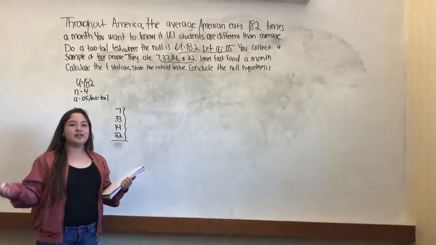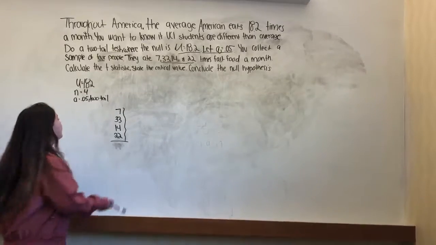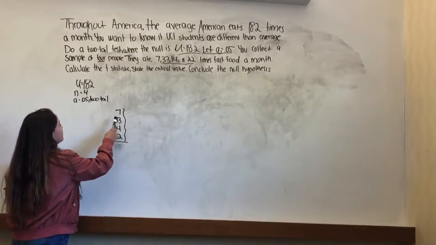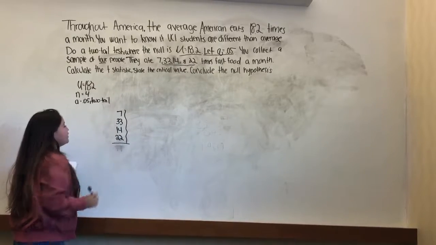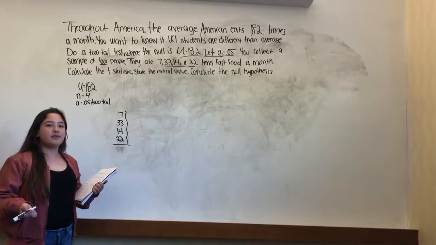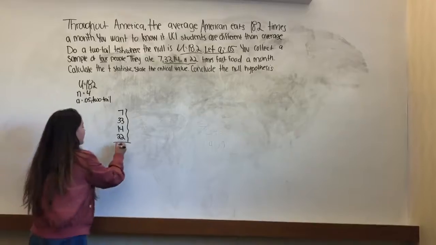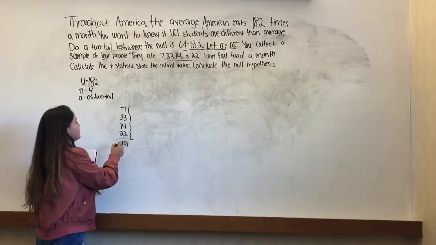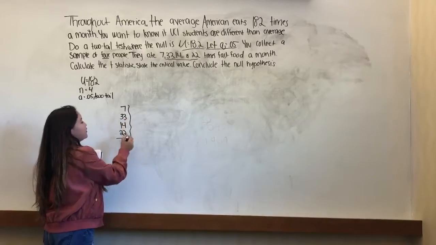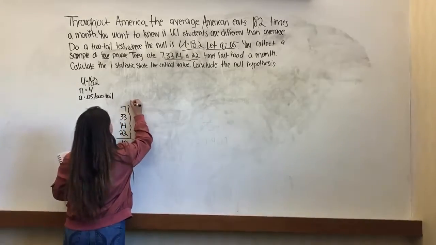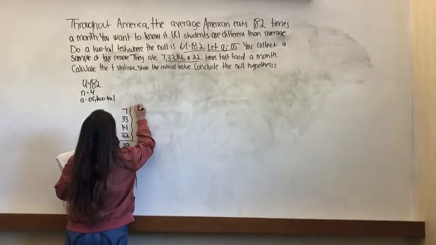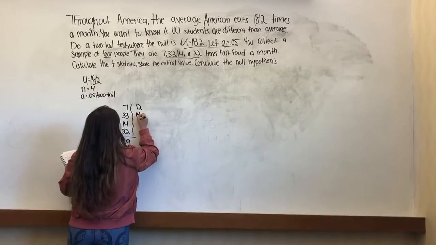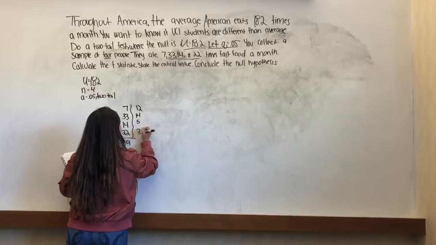So we're going to find the sum of squares, and in order to do that, we have to create a table. So I wrote down the sample numbers 7, 33, 14, and 22. And we first need to find the mean of the numbers. So we get 19. After we obtain 19, we have to subtract the mean from each of the individual samples. So the numbers would be 12, 14, 5, and 3.